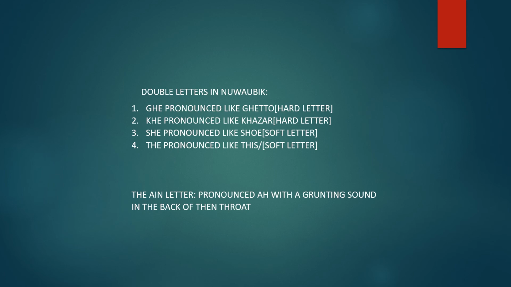The way the tongue goes when it's pronouncing this is very important. So this is the form of the TH, because prior to Nuwaubik, using the Arabic, you got tha, that, and law. Well, this is just one form of the letter, and it's the.